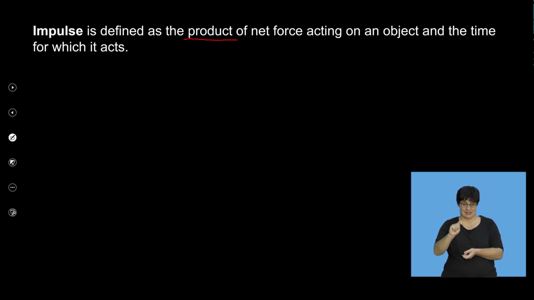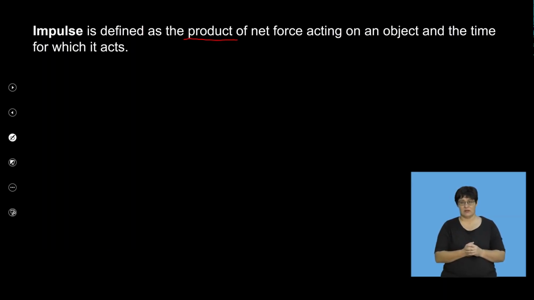Please be careful with this definition. I often get told that impulse is F net and time. It's not just F net and time, it's the product. Product means we need to multiply them together. This also means that the net force gives me the direction.